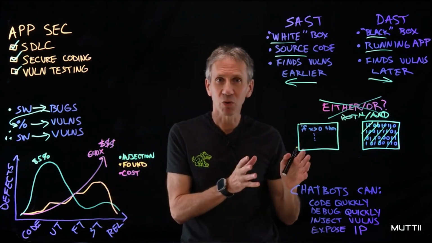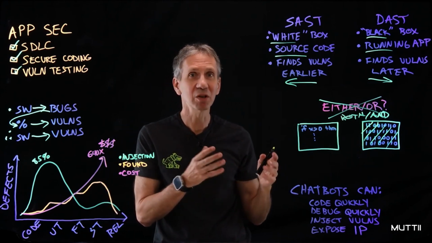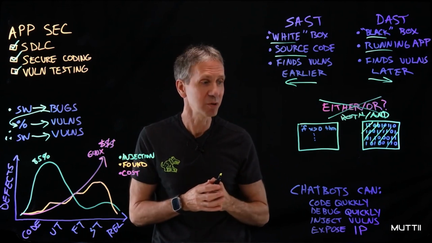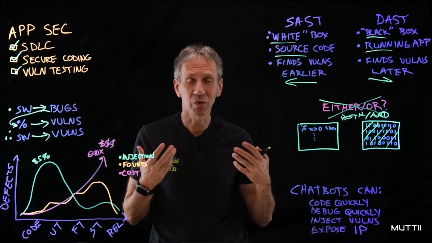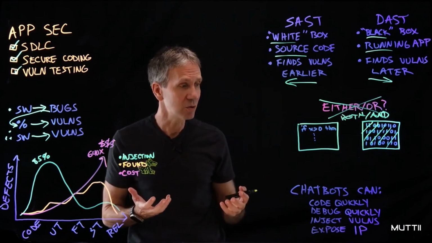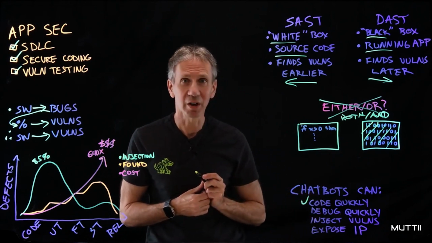One other sort of tool that's being used in this space a lot for application development, it wasn't initially thought of in that context by a lot of people, but it's really becoming popular, and that is chatbots. These large language models with generative capabilities can also generate code. So a chatbot is good at generating code very quickly.